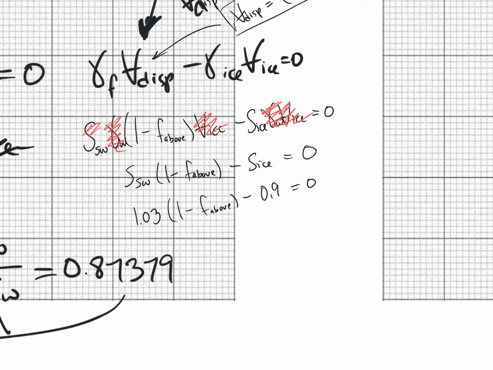If you solve this mathematically, it comes out exactly like this. F above equals 0.12621. So the percent above equals 12.6%.